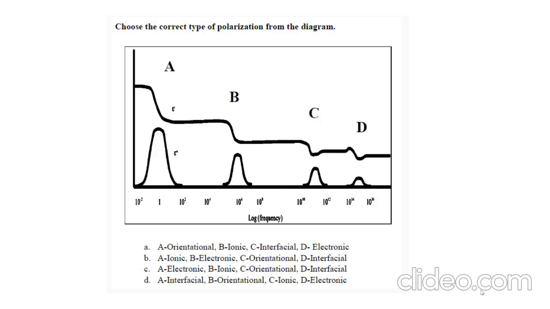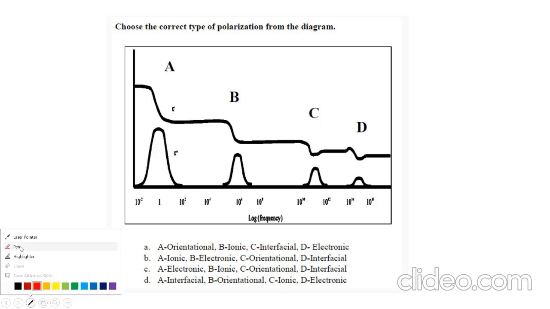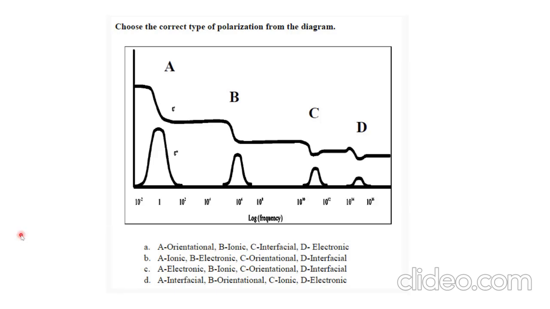Different polarization types will give signals at different positions or frequencies, so you need to match those. Can anyone tell me which one is the orientational, which one is the ionic, or interfacial, or electronic?